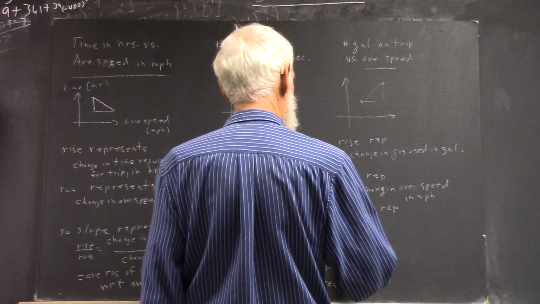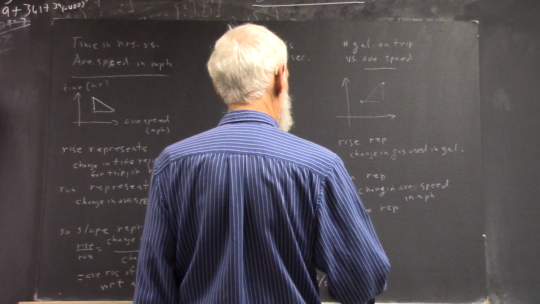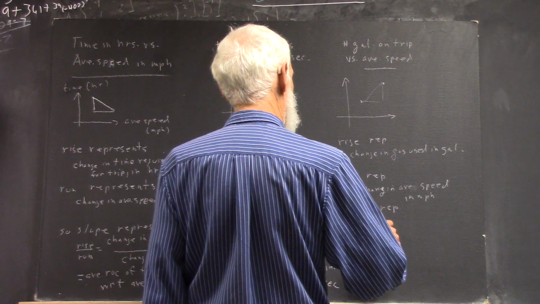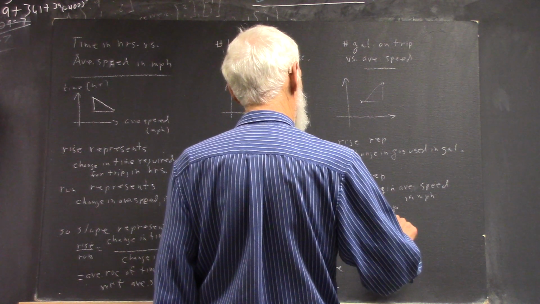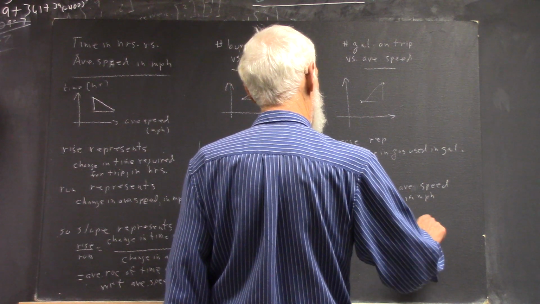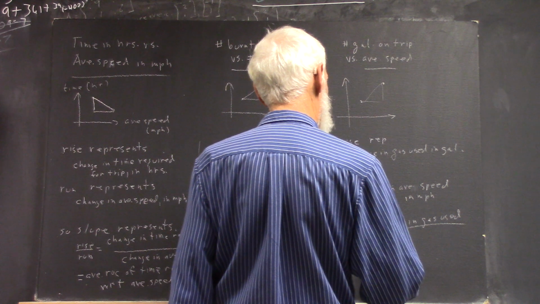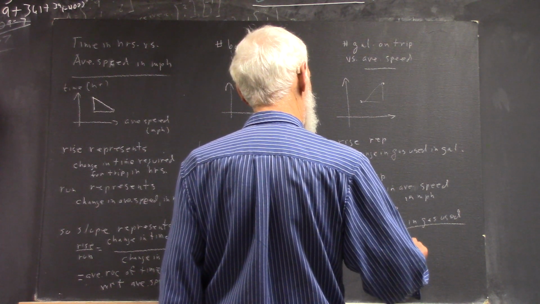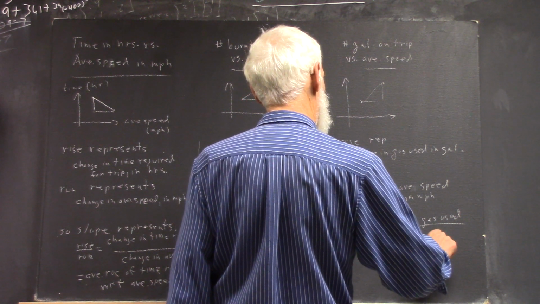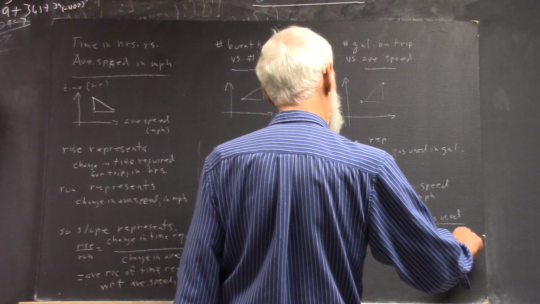So the slope represents rise over run, equals change in gas used over change in average speed.